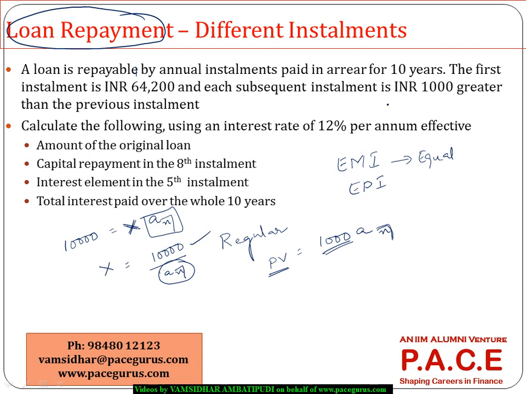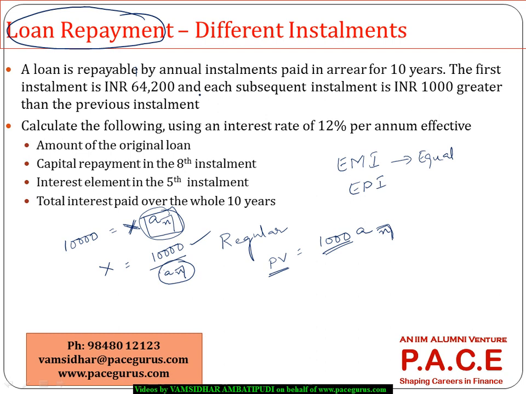It's very easy. But in some cases, because of the various customizations that can exist with respect to loans, there could be various variants in the loan payment process. Every time it need not be an equated installment.